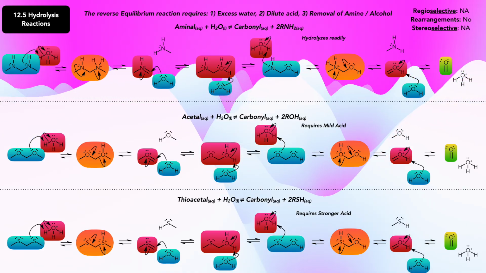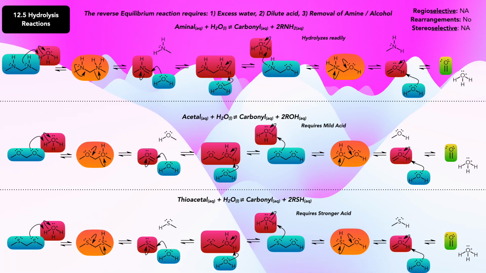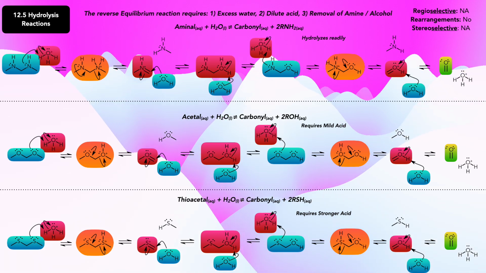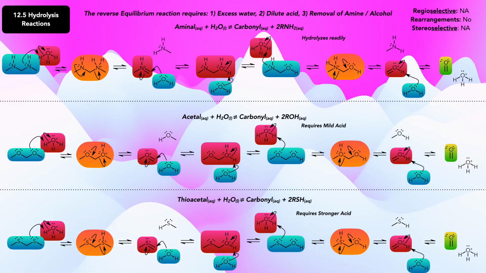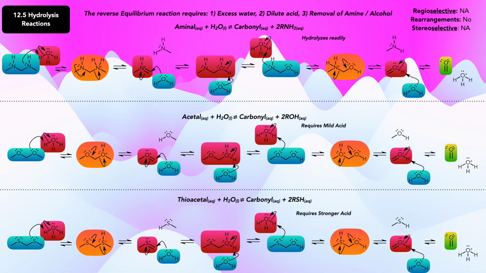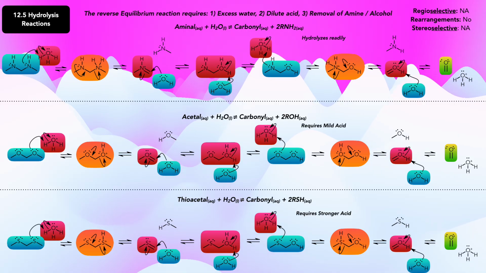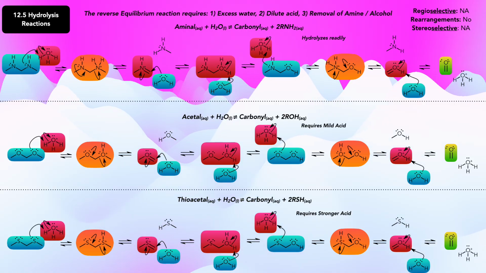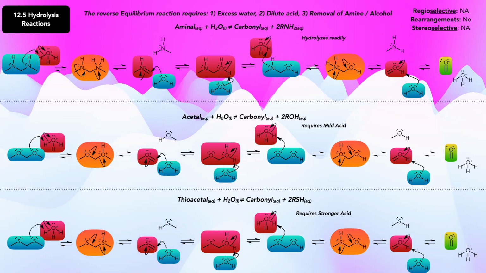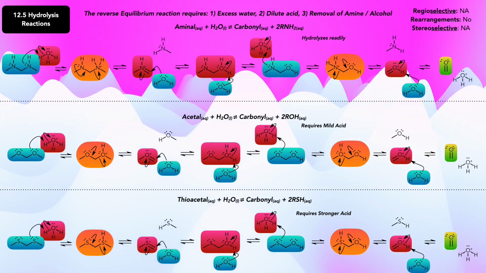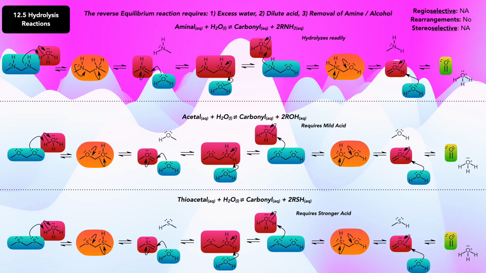For acetal hydrolysis, this requires mild acid, and we protonate the acetal oxygen. Water leaves and the carbonyl reforms. We can also do this with thioacetal hydrolysis, although it's harder. Sulfur stabilizes the positive charge better, and it requires stronger acid, maybe sometimes mercury ion, for assistance.